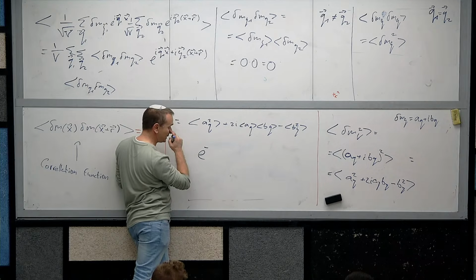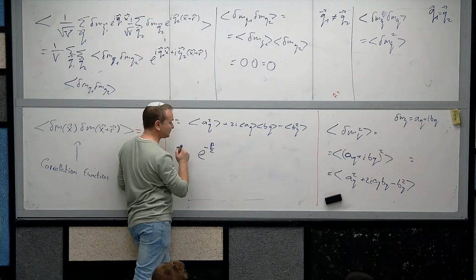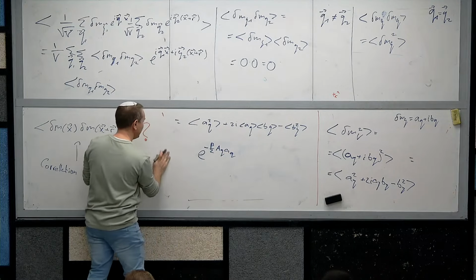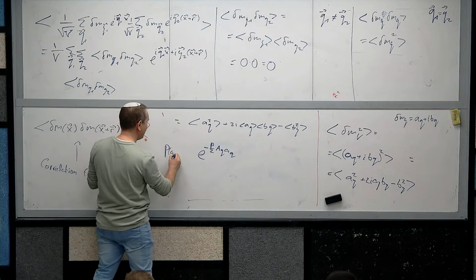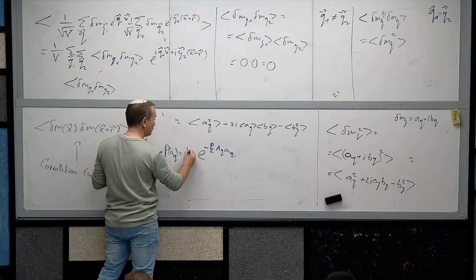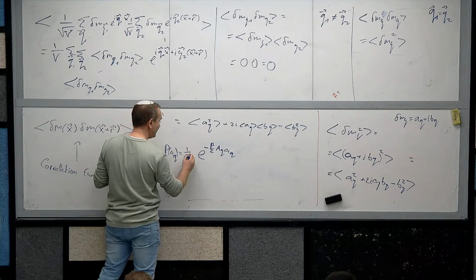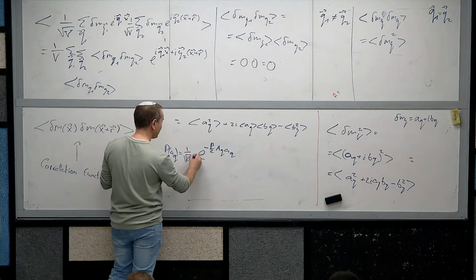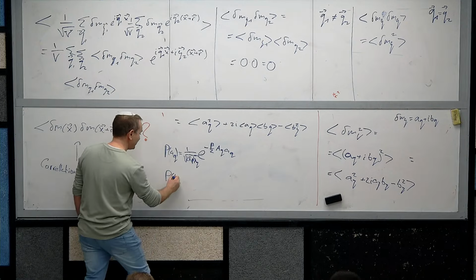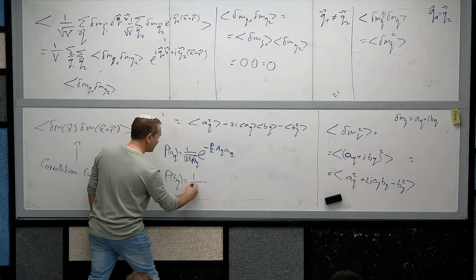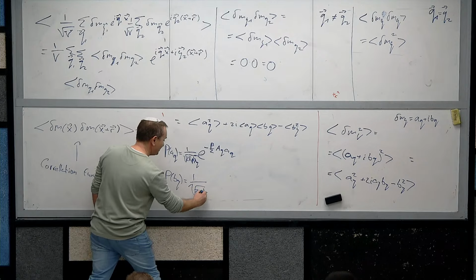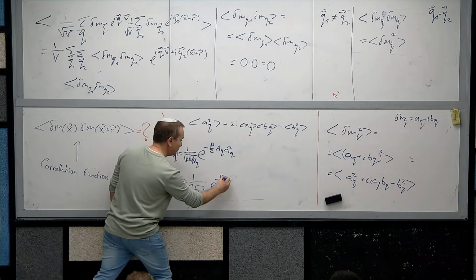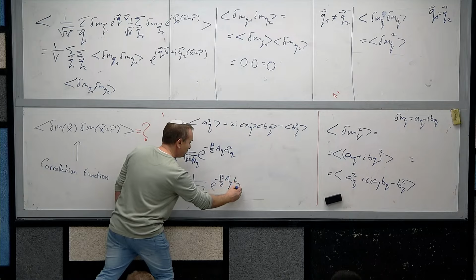So the probability of A Q is 1 over root 2 pi, 1 over beta A Q, e to the power minus beta over 2 A Q squared, and the probability of B Q is 1 over square root of 2 pi, 1 over beta A Q, e to the power minus beta divided by 2 A Q, B Q squared.